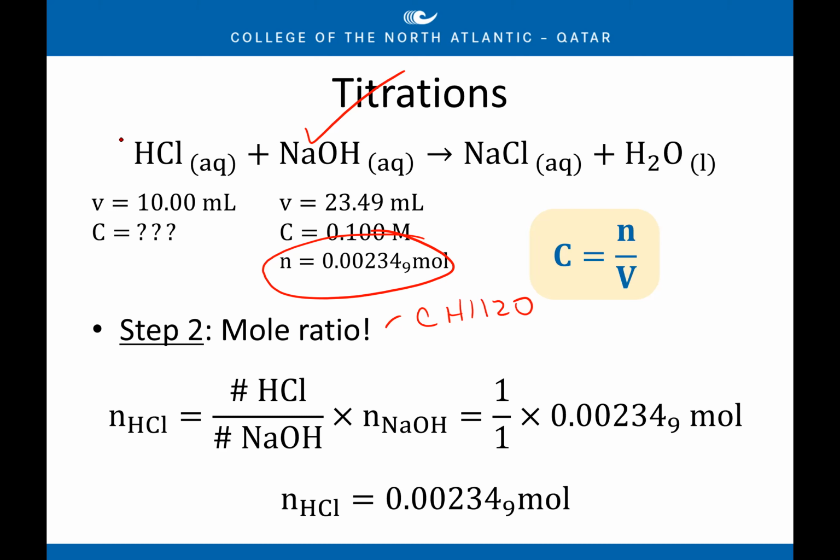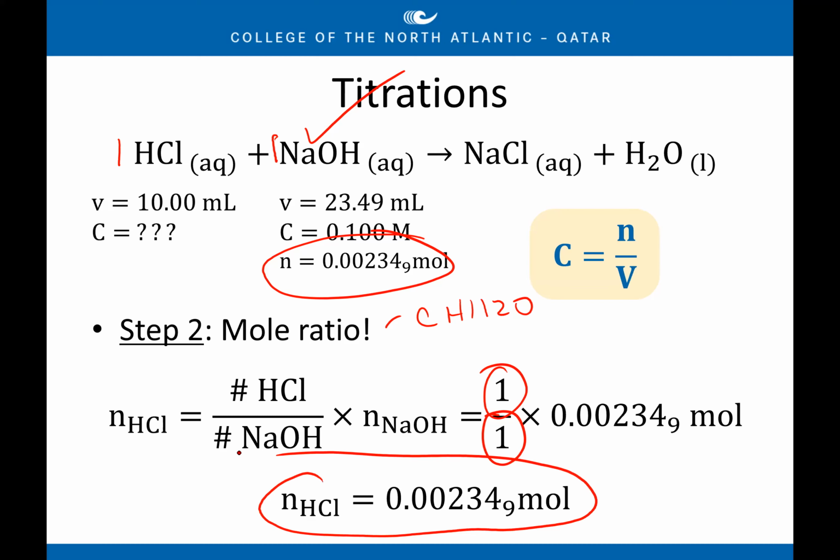These chemicals are 1 to 1, meaning that I would use 1 and 1 in my mole ratio. I kind of hope you remember this from Chemistry 1120. So to find my moles of hydrochloric acid, I multiply that number of my moles of NaOH by the mole ratio, and I get my moles of HCl.